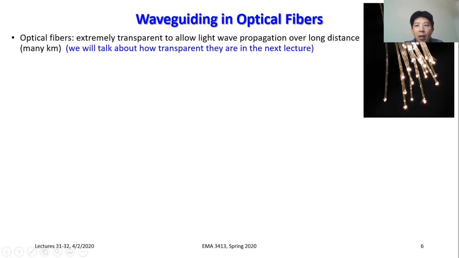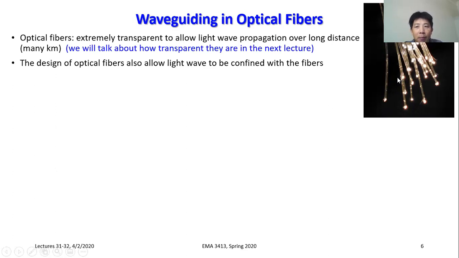And the way that these optical fibers work is that they're basically very, very tiny wires of glass, very transparent glass, extremely transparent. We'll talk about how transparent these materials are probably in the next lecture later today. But these wires allow the optical signal to be transmitted over long distance.